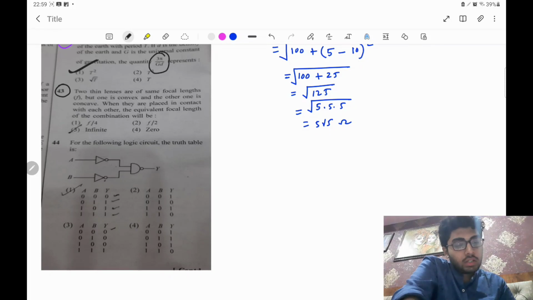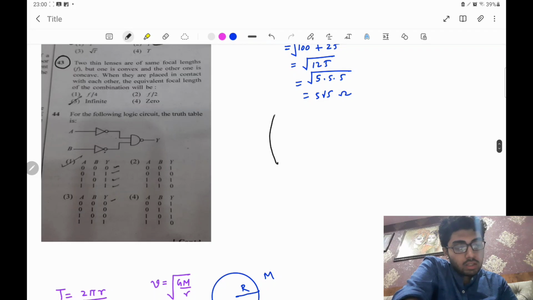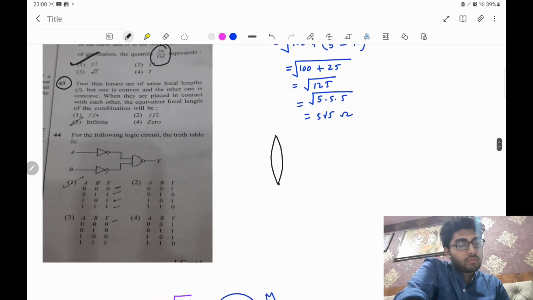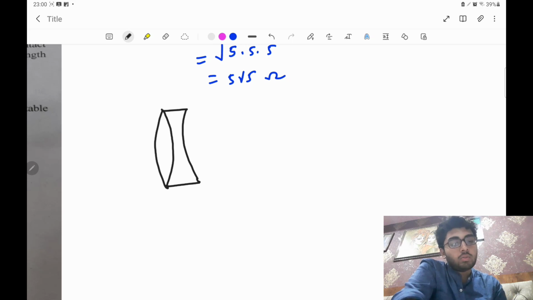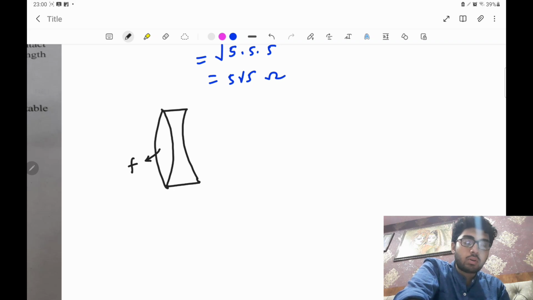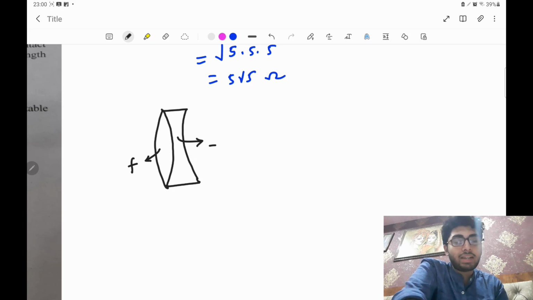Suppose this is a convex lens and another concave lens of the same focal length has been placed along with it. Suppose the focal length of the convex lens is f, and the concave lens has the same focal length, but you have to understand that the concave lens always has a negative focal length, and that is why you take it to be minus f.